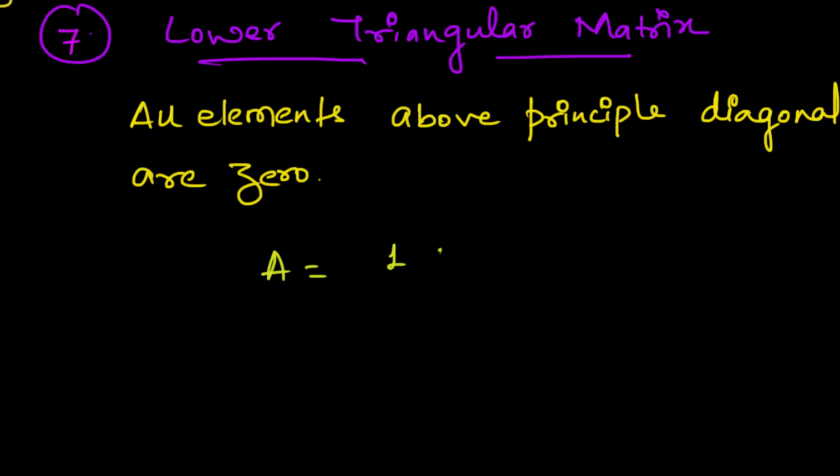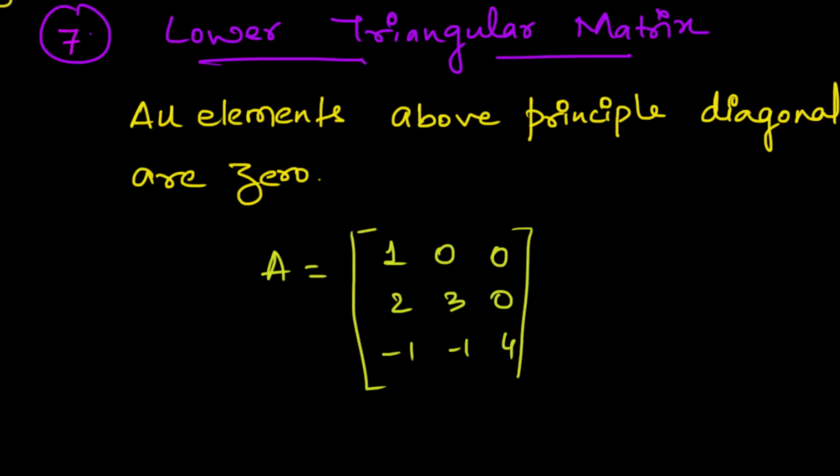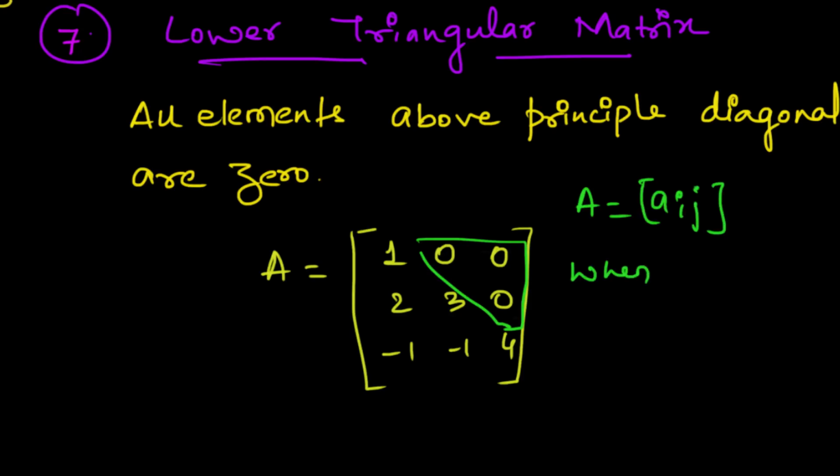So we have 1 0 0, 2 3 0, minus 1 4. So see, here all the elements above the principal diagonal are 0. To generalize it as above, we'll write A equals Aij, and when i is less than j, then Aij will be 0.